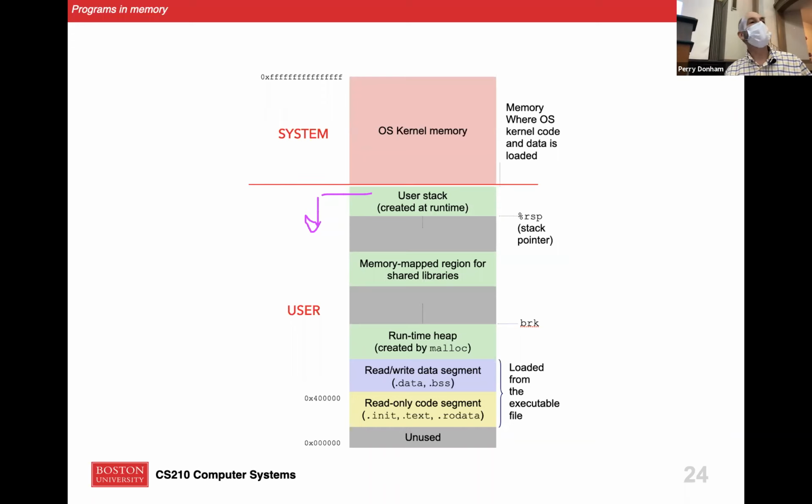The heap, if I'm allocating stuff on the heap with mallocs or reallocs or whatever, if I'm doing a bunch of mallocs, that memory is taken from here and it grows in that direction. So there are two cases, or a combination of them. If I have a runaway recursion, or if I'm just calling functions over and over, I keep building up stack frames. The stack grows, it's eventually going to run into something, and the program's going to crash.